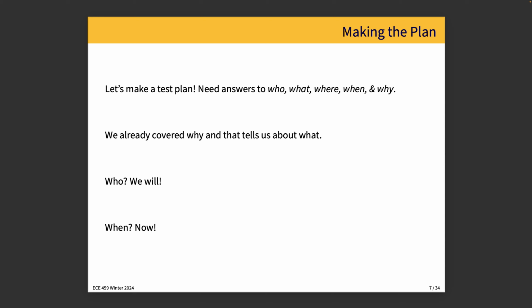Okay, so important questions are who, what, where, when, and why. If that sounds like elementary school kind of thinking, sure. We just covered the why question, and we also understood how that tells us about what we're going to do. So if it's uptime requirements, then we're interested in endurance. We have a why, and we have a what. So that leaves who and when.